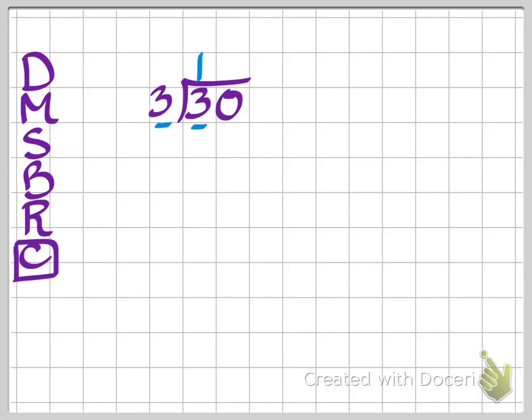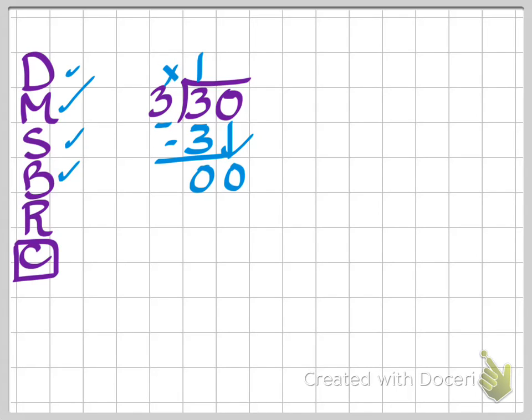And that would be once. Check. Now you have to multiply. 1 times 3 is 3. Check. Now you have to subtract. 3 take away 3 is 0. Check. Now you have to bring down. Bring down the 0. No problem. Check. Now you have to repeat or remainder.